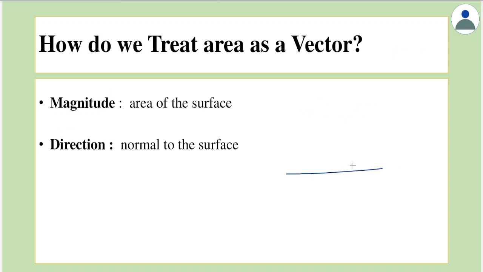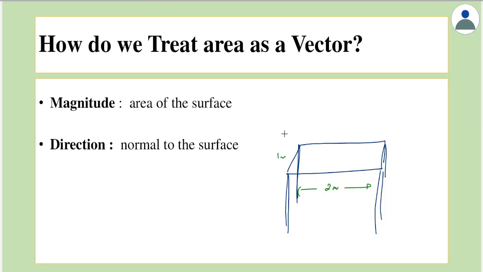For example, if we look at a table like this, a table which has been drawn like this, if we assume that its length is say 2 meter, and its breadth is say 1 meter, in this case its magnitude of area would be length into breadth. So the value of A here would be 2 meter square. This is called the magnitude. This is what we're learning from high school or primary school.